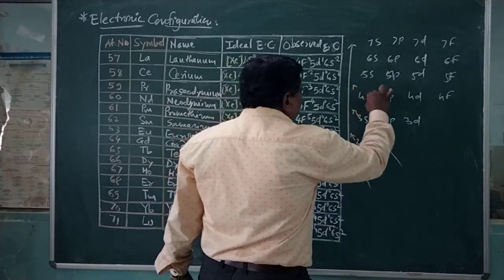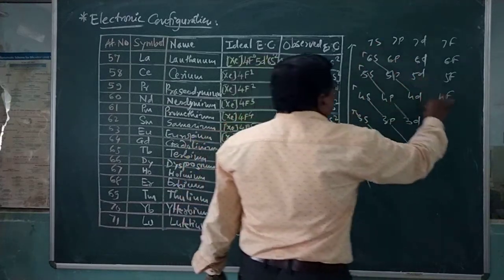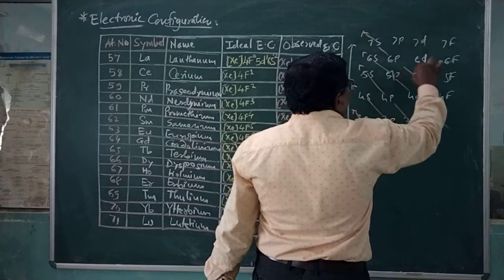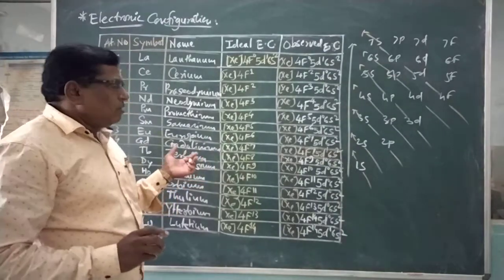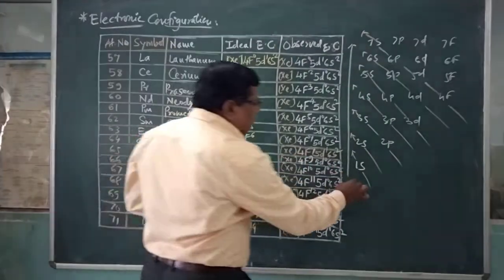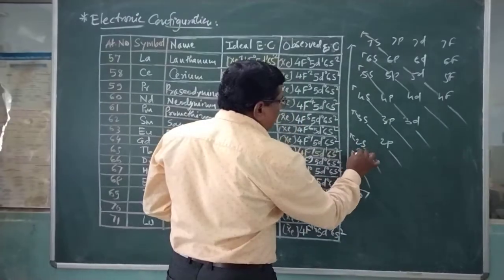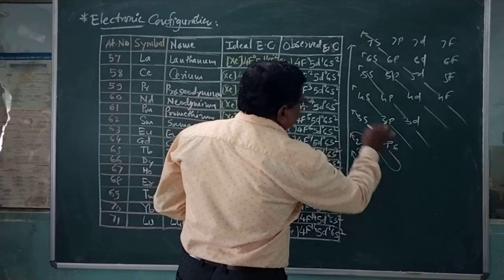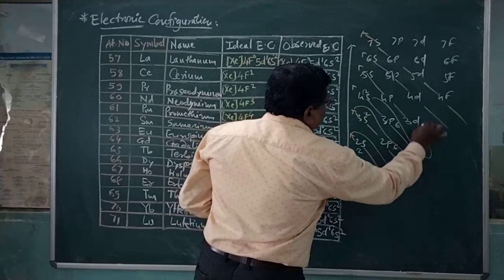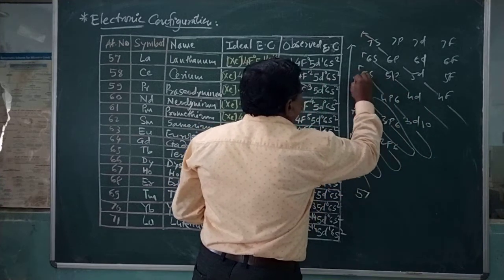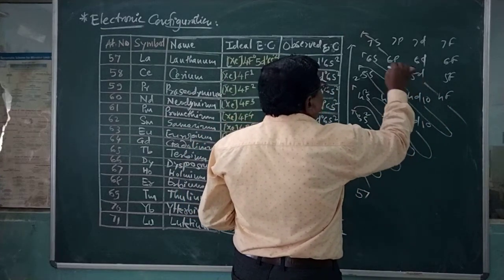now totally when we take the electronic configurations, here is the way of filling of the electrons. Now when we take 54 electrons or 57 electrons, here 2 electrons can be taken. 57 means 2 electrons, again here 2 electrons, this will be taken below, 6 electrons, again 2 electrons, here 6 electrons, 2 electrons, again 10 electrons, 6 electrons, 2 electrons, again here 10 electrons, 6 electrons, again 2 electrons.